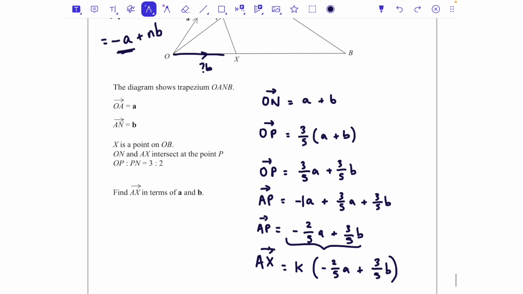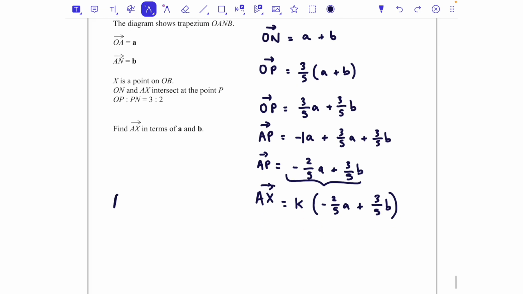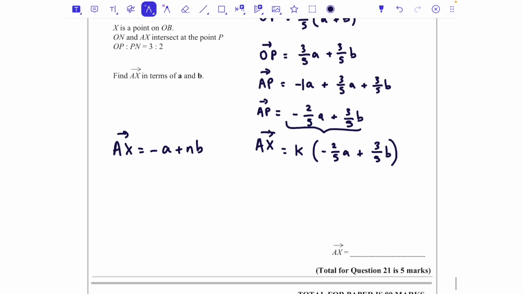So now let's compare the two different things we got. We know that A to X is minus A, add nB, because we just did that at the top. But we also know it's this. So I am now going to compare that first term. In this version, the number in front of A is minus 1, the coefficient is minus 1.